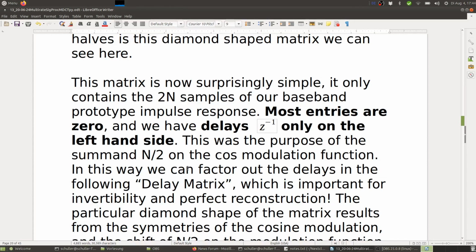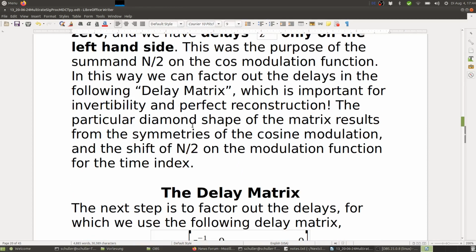In this way we can factor out the delays in the following delay matrix, which is important for invertibility and perfect reconstruction. The particular diamond shape of the matrix results from the symmetries of the cosine modulation and the shift of n/2 in the modulation function for the time index.